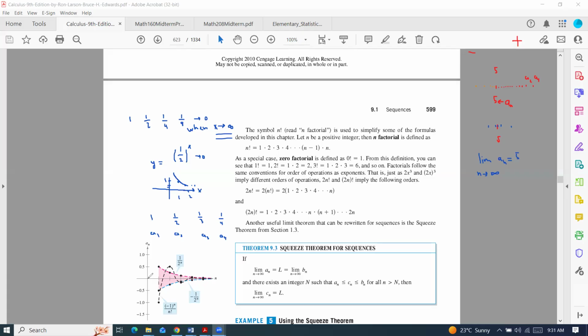And that's what enables us to relate functions with sequences, which we're not really going to do much. But it looks kind of nice, right? So that's why they relate it.